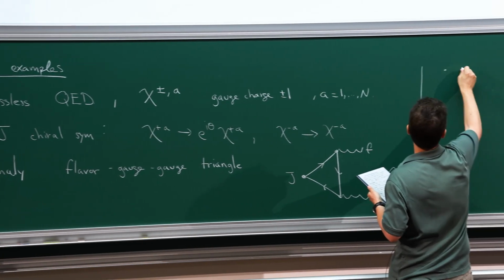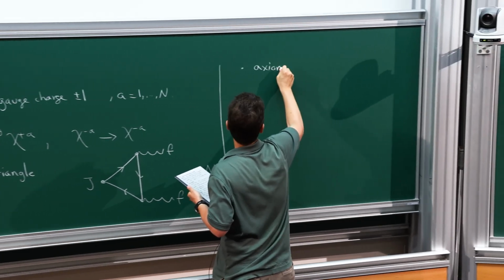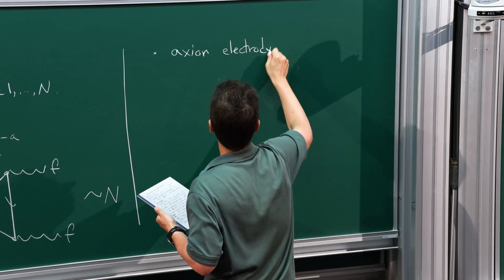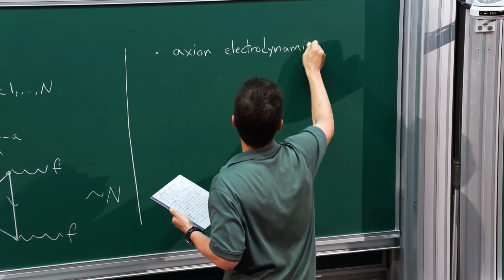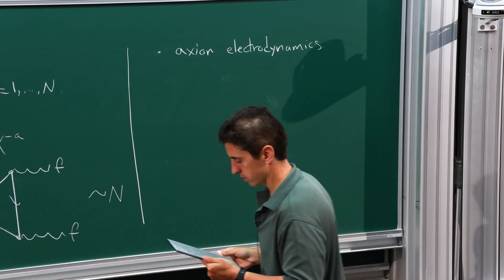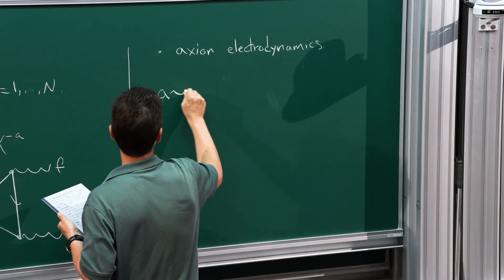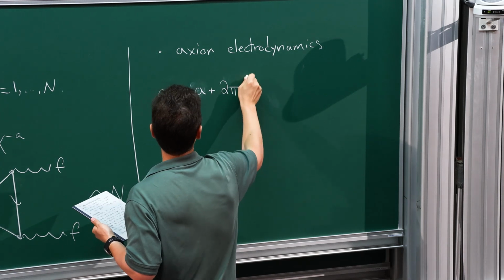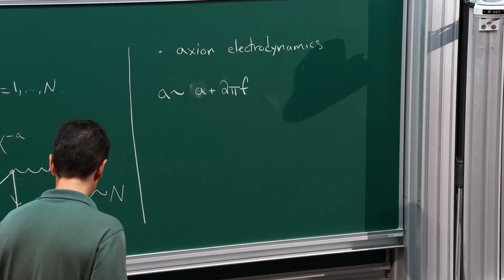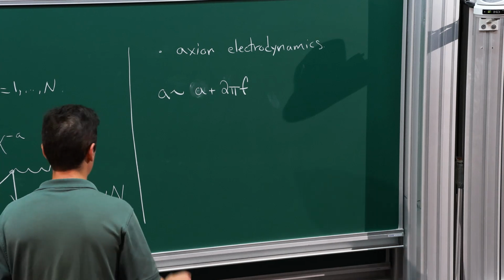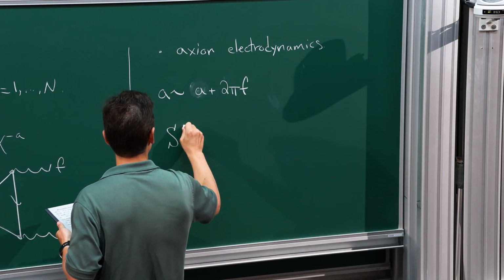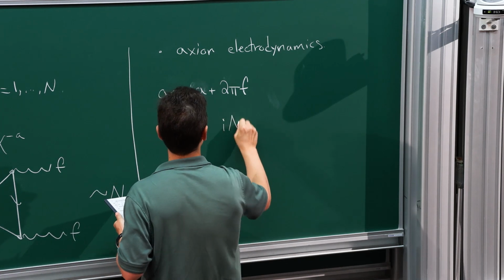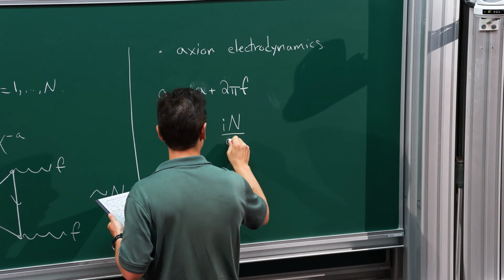Another example, axion electrodynamics, which we briefly talked about yesterday. So the axion is a periodic scalar. And we couple it to the gauge field, as so. Unfortunately, I called N K yesterday.